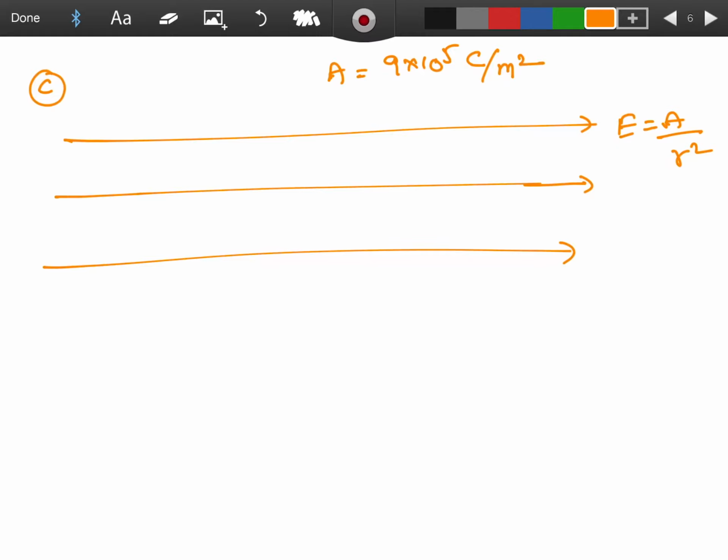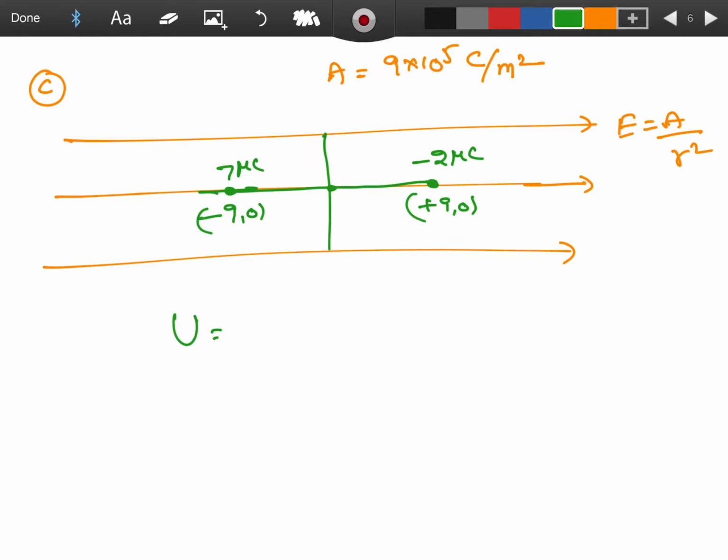This configuration means like this: this is the origin, minus 9, 0 has 7 microcoulomb, plus 9, 0 has minus 2 microcoulomb. In this kind of situation, how to solve?